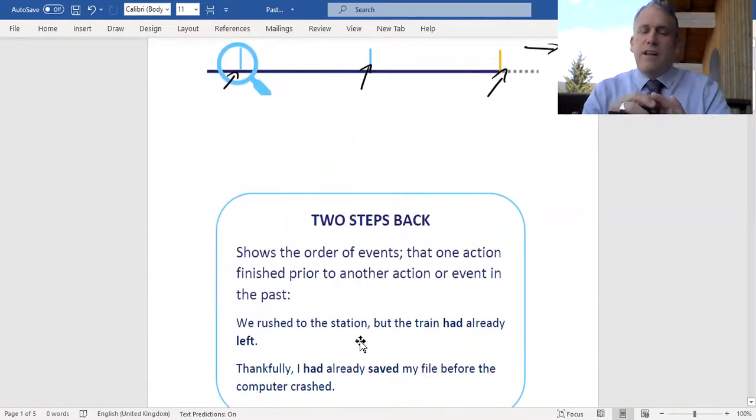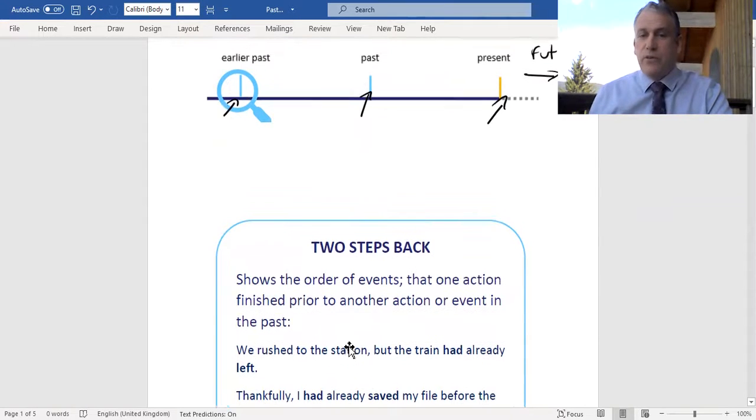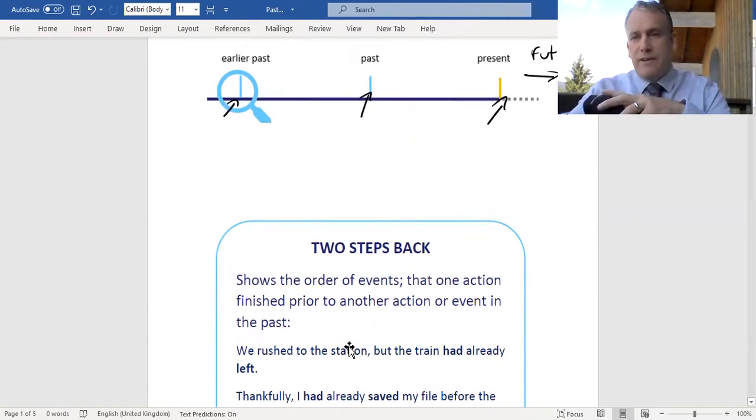So I've got a sentence here. We rushed to the station, but the train had already left. Which happened first? Well, let's break the sentence down. We rushed to the station. Rushed, that's past simple. But the train had already left, had left.